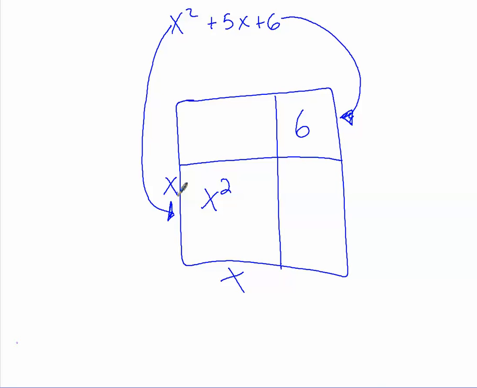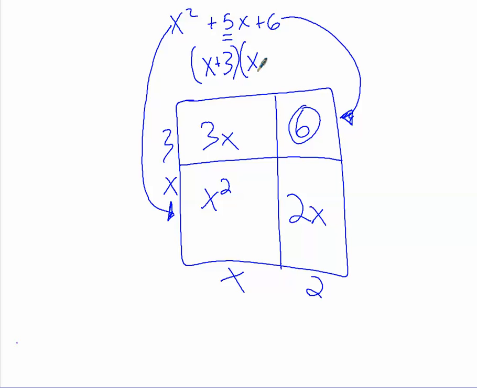So 2 right here, and then 3 right here. So this would be 3x, and this would be 2x, and 2 times 3 equals 6 right here. So then this equals x plus 3 and x plus 2.